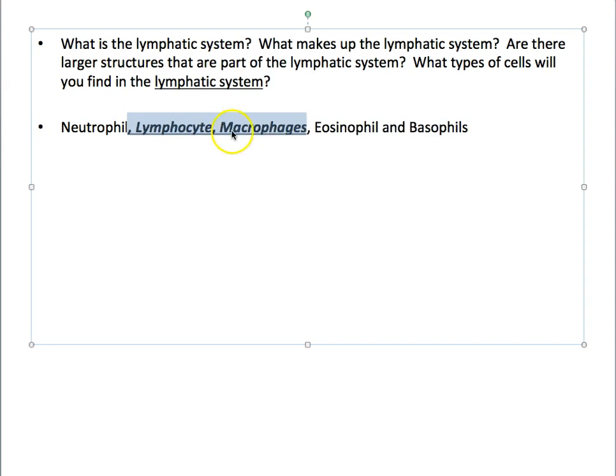And that's because these guys, the lymphocytes, are going to be of two types. We have T cells and we have B cells.